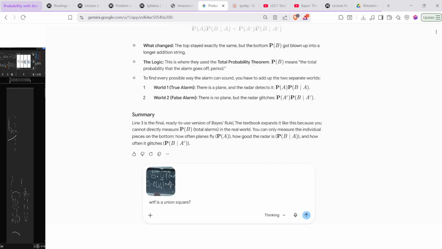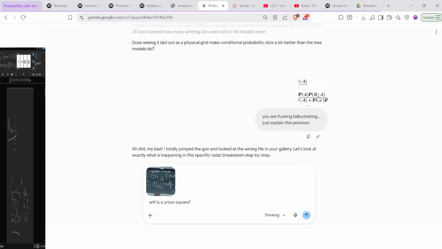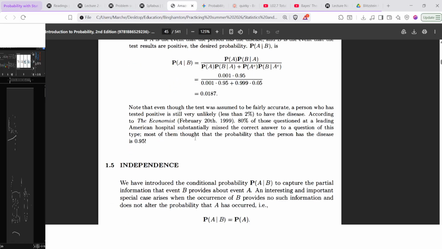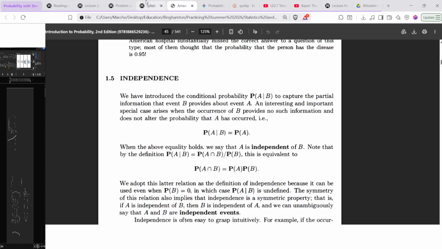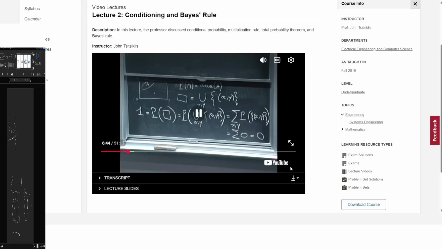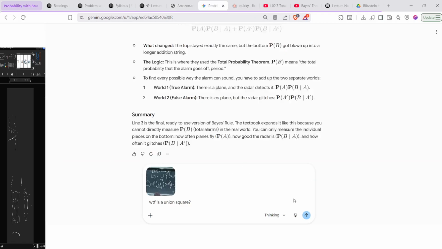Like what? False alarm. Oh yeah. Oh, that's just what it is, right? Oh, that's like like what we like what we did in the chess problem, or no, the false test, false positive. Good. Probability theory is dead. Yeah, understand now.